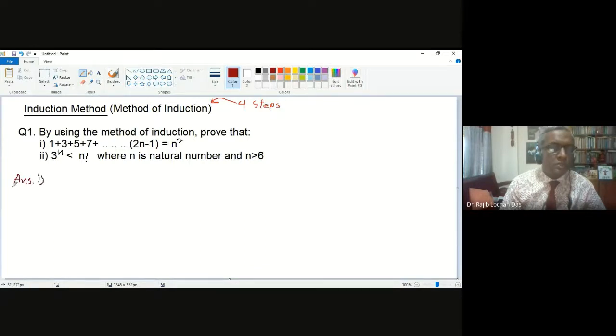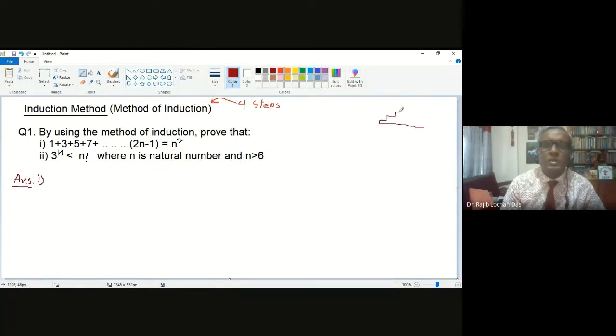So what are the steps here? So the first step is you assume that the theory is correct, or you check that the theory is correct for a single value. So normally we start with the first step of the stair. So what is the first step?